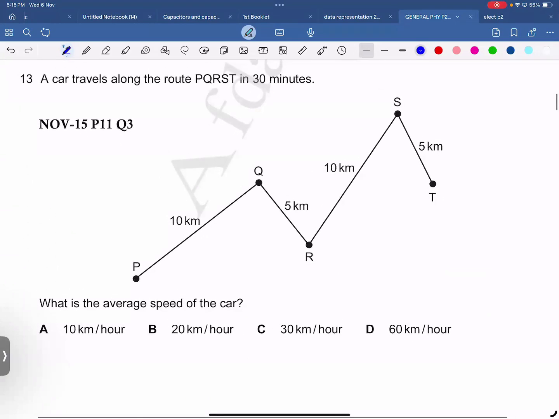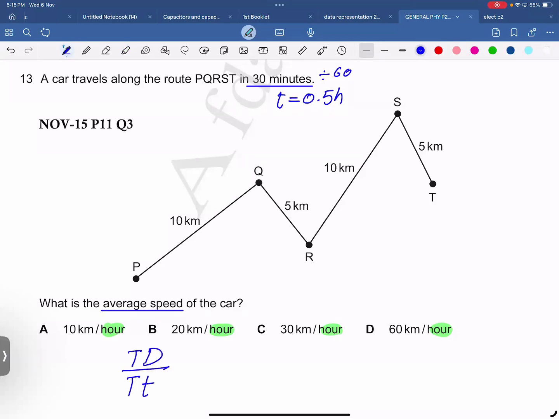Question number 13. A car travels along the route PQRST in 30 minutes. So time taken is 30 minutes. 30 divided by 60 is 0.5 hours. You might be thinking, why did I change into hours? Because all options are in kilometers per hour. If they were meters per second, I would change into seconds. Now, you want average speed. Dear students, average speed is total distance traveled over total time taken.